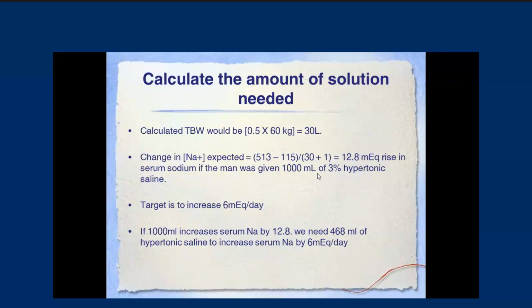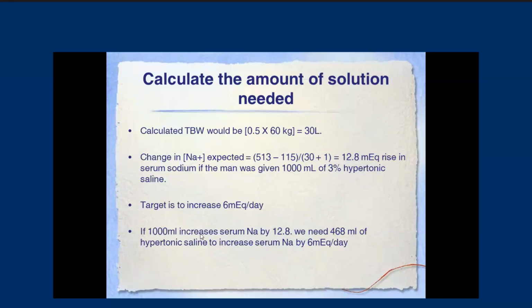milliequivalent. So every 1000 ml of 3% saline, an IV one, will give you a rise in serum sodium of 12.8 milliequivalent. The target is to increase by 6 milliequivalent per day.